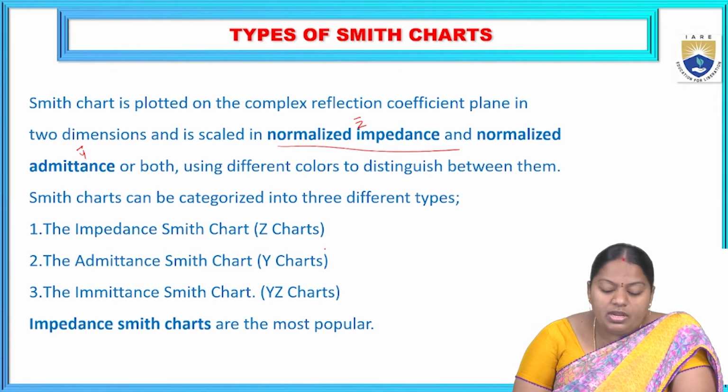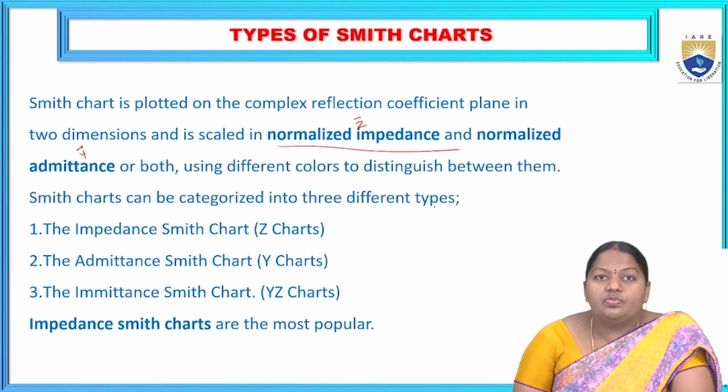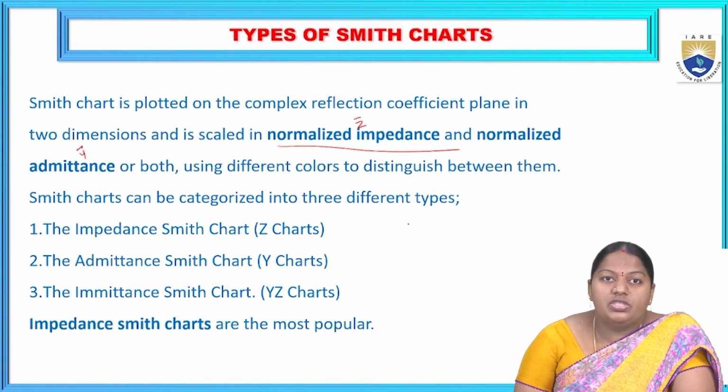Then Smith charts can be categorized into three different types. Basically, different types of Smith charts are there depending upon the term which we are going to represent on the Smith chart. If you are going to design impedance, then it is said to be the impedance Smith chart, or simply these are called Z charts, where Z is the notation for impedance.